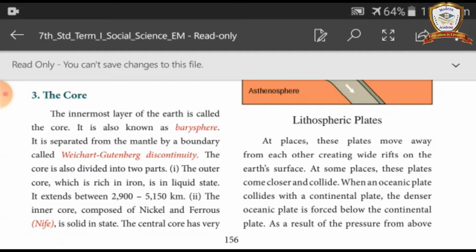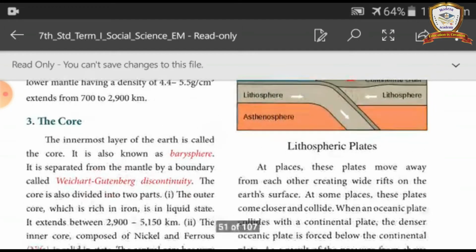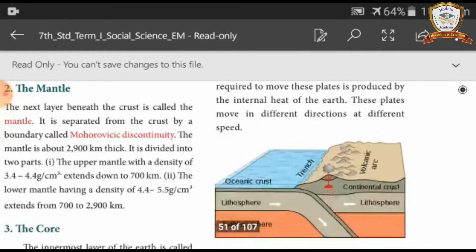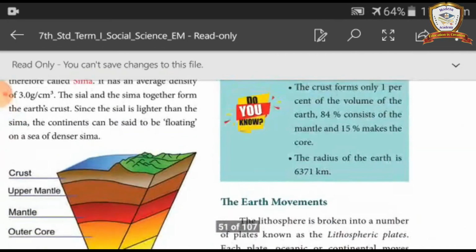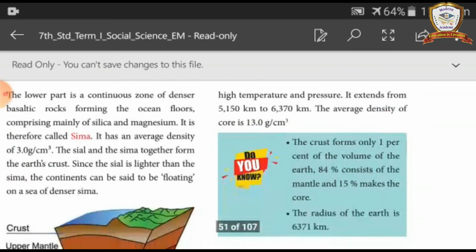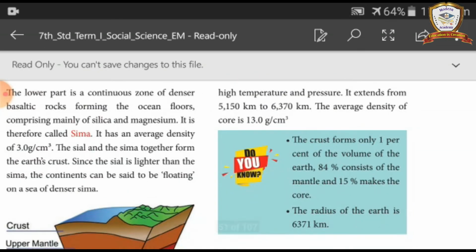The central core has very high temperature and pressure. It extends from 5150 km to 6370 km. The average density of the core is 13 gram per centimeter cube.